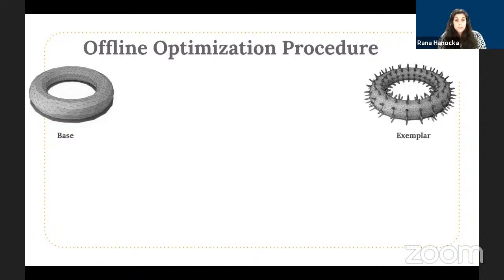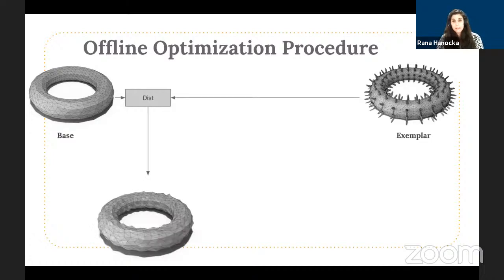These shapes will be used as supervision to train the series of progressive generators. So to obtain the supervised mesh for the first scale, we minimize the distance from the base mesh to the exemplar by displacing the vertices of the base mesh. This optimization objective is measured by a bidirectional transfer distance between uniformly sampled points on both the exemplar and the optimized displaced mesh.